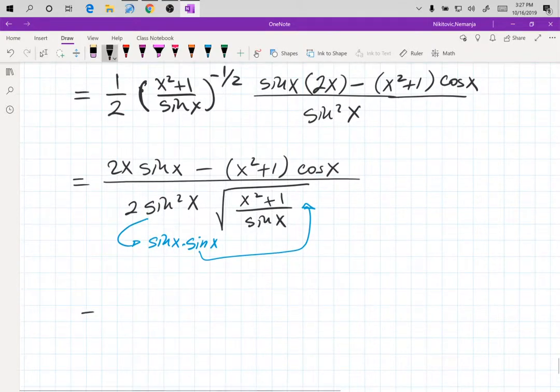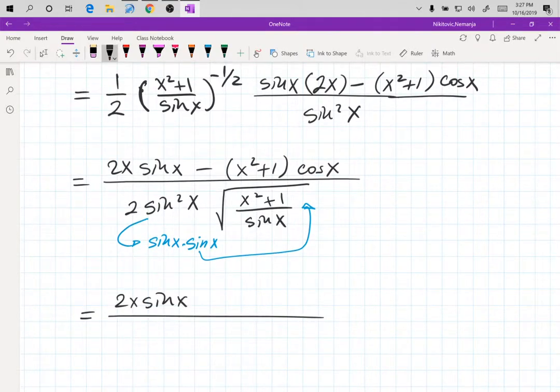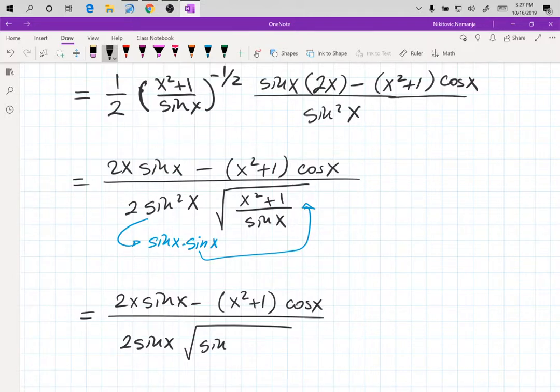So the problem now is 2x sine x minus x squared plus 1 cosine x, over 2 sine x, and inside the square root you will just have x squared plus 1 times sine x.